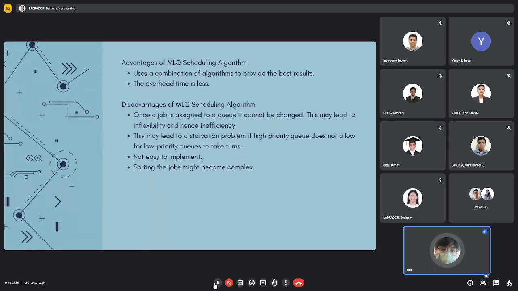And the last one is that sorting the jobs might become complex. Since the queuing is already fixed, it's there and cannot really be entirely changed, but in some situations or aspects it could. So that's all. I guess next slide.